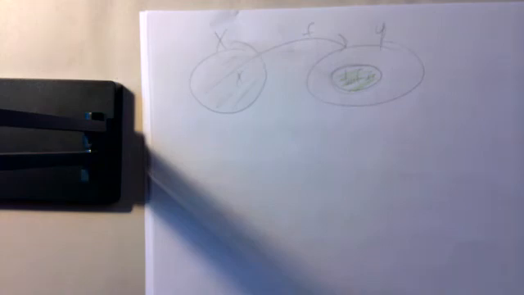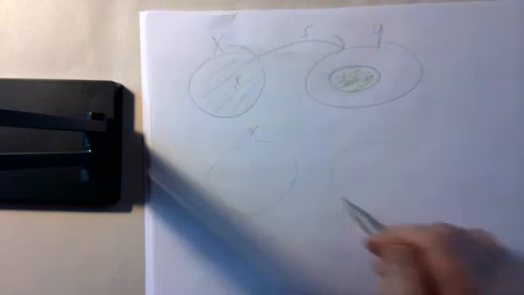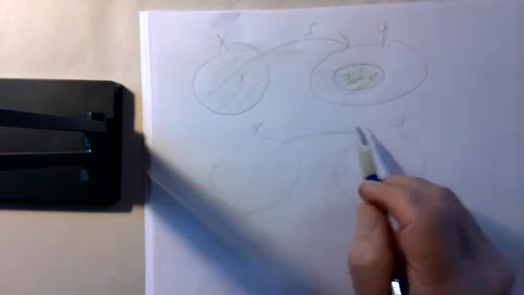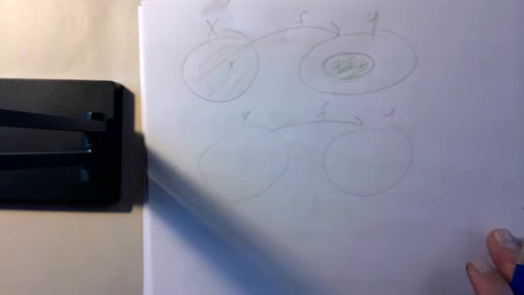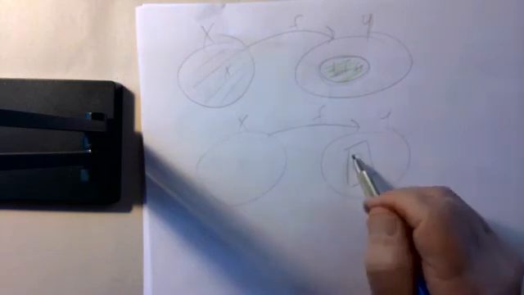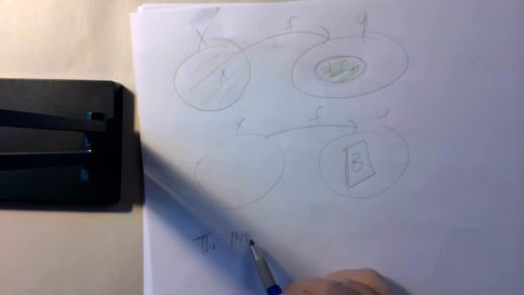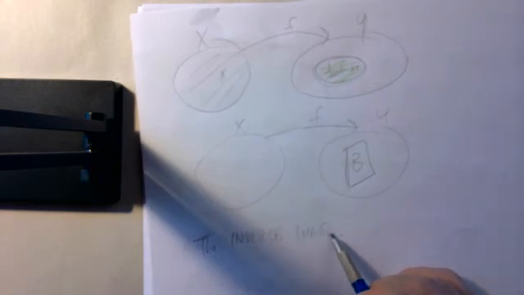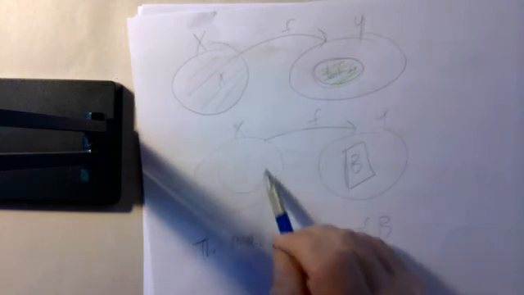We can also try to go backwards. Suppose we have X and then we have Y, and this function f from X to Y. Suppose over here, we take a set B. So what is called the inverse image of B is what?